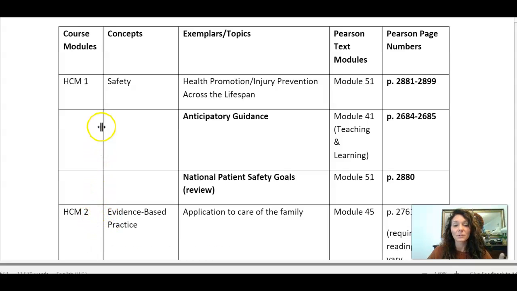I have cross-referenced those over into what module they fall under in the Pearson text. And then I've listed out the exemplars and the topics that are included in those modules that we're going to talk about. And at the very far right-hand side of this grid, you will see the page numbers in your Pearson book that are required readings, okay?